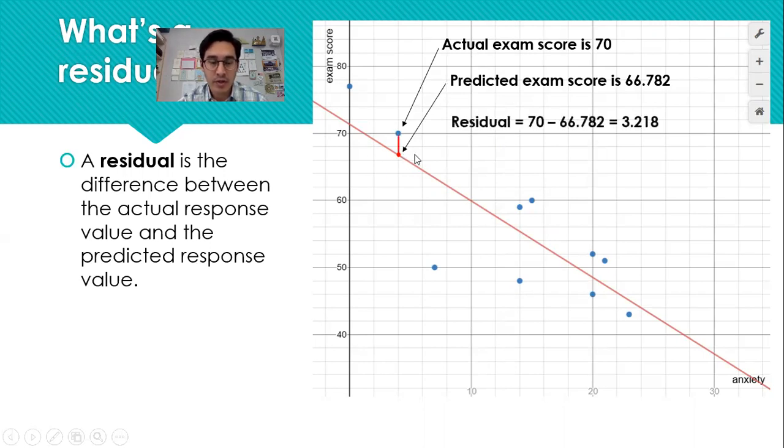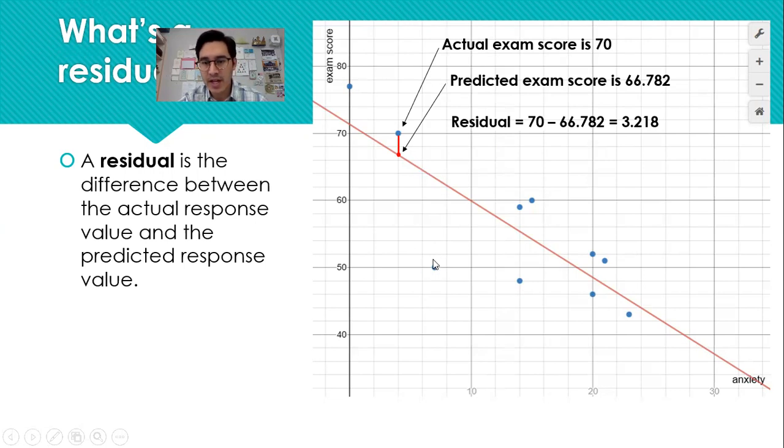And so we calculate the difference and we get a residual. So the residual value would be just over 3 points. The interpretation here would be that this particular student scored 3 points higher than what the model predicted. So here's an example of a positive residual, when a value outperforms the model's prediction.